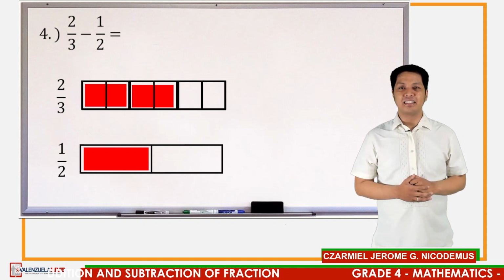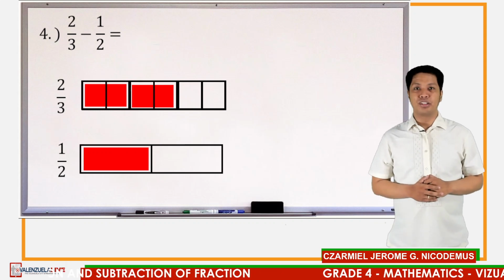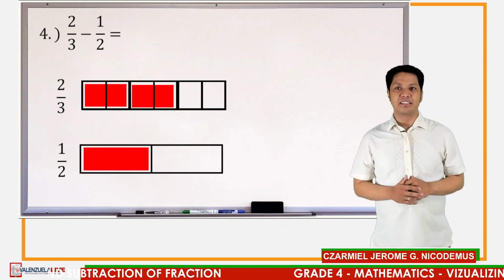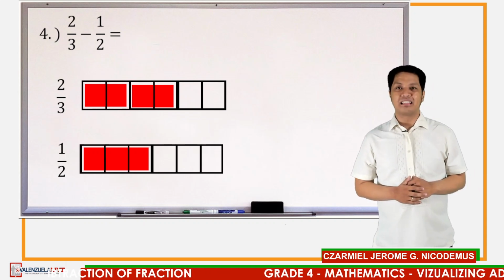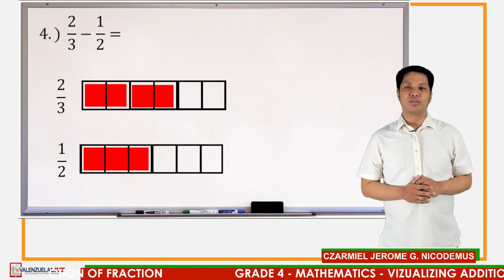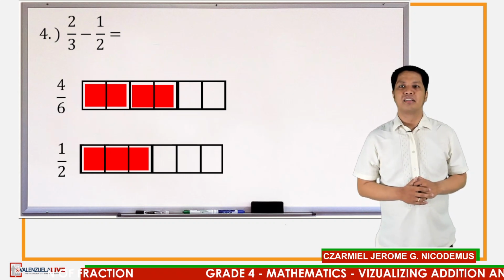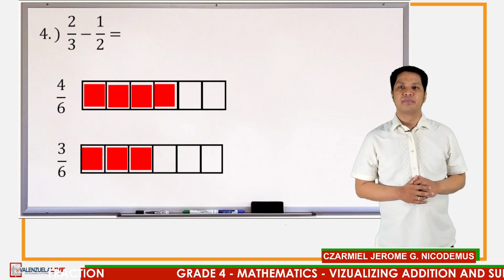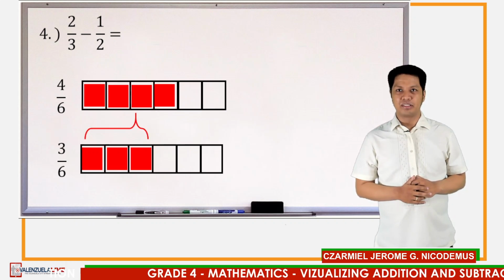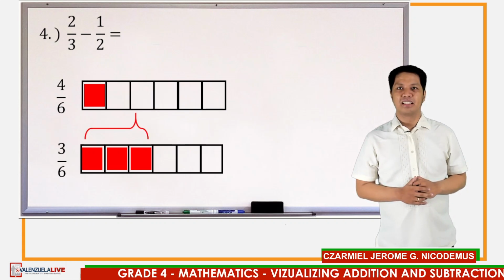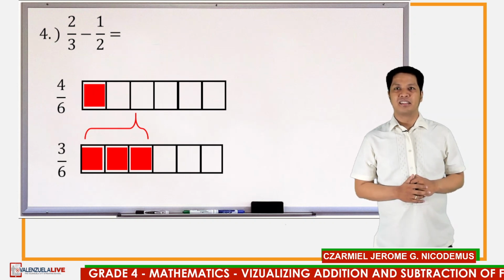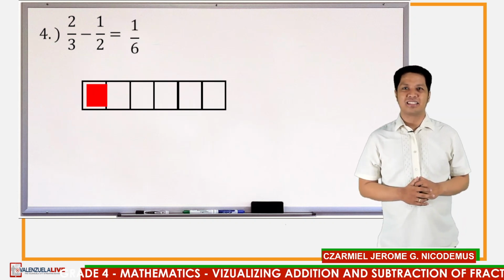So we can change 2/3 to 4/6 and 1/2 to 3/6. So let us subtract. 4/6 minus 3/6 equals 1/6.